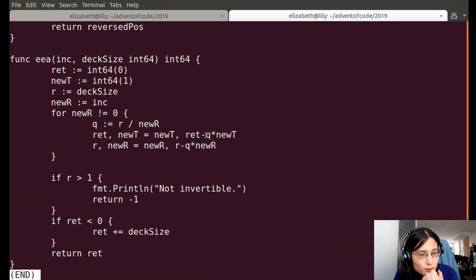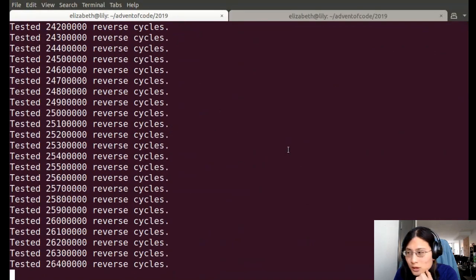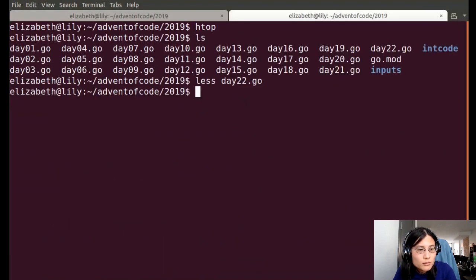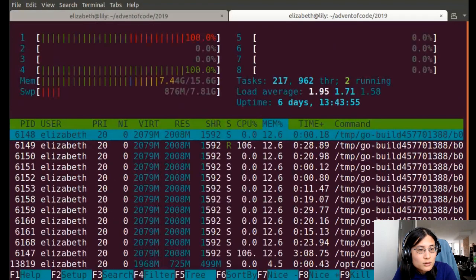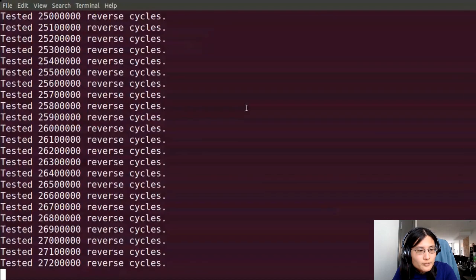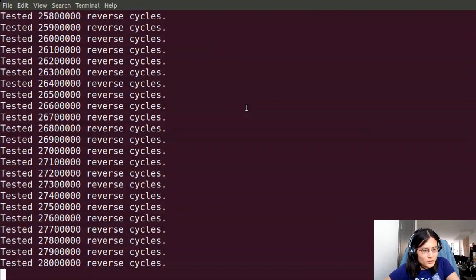Possible that Q times nu t. No, that shouldn't cause a problem there. Okay, I'm relatively confident this code ought to work. It's maybe less optimized than it could be.